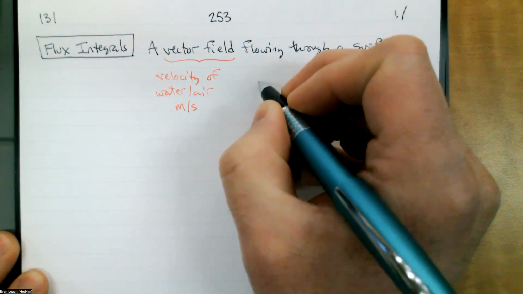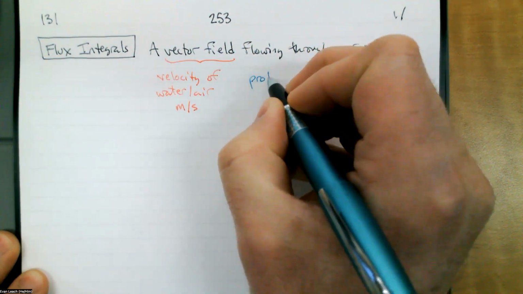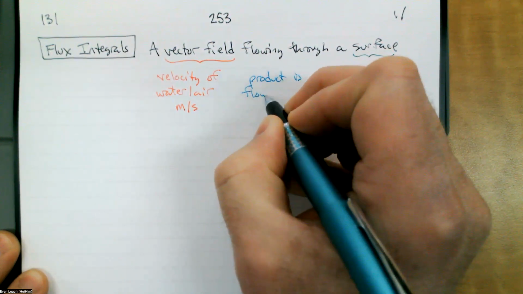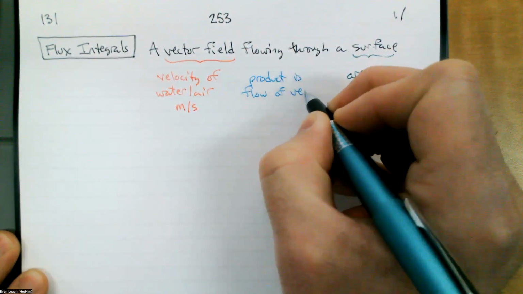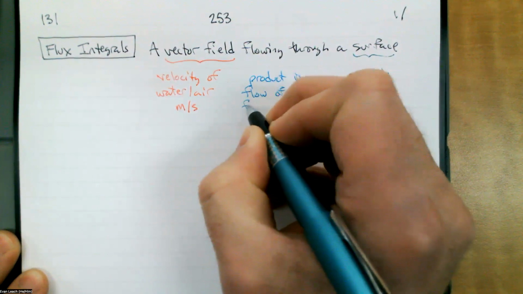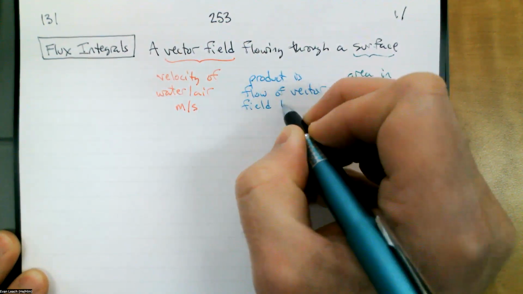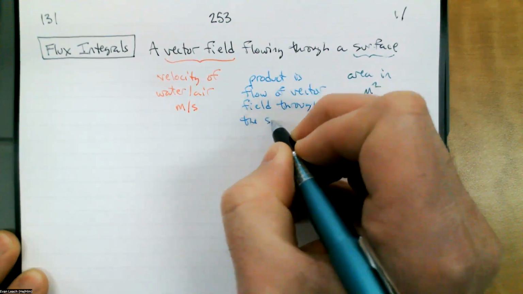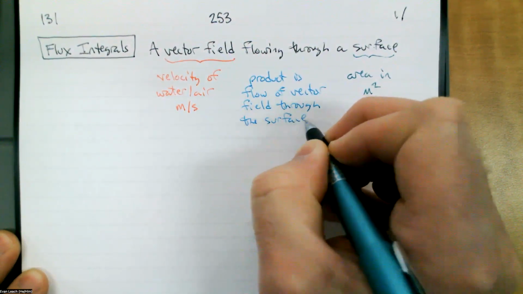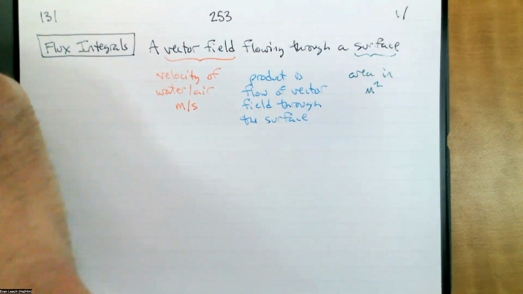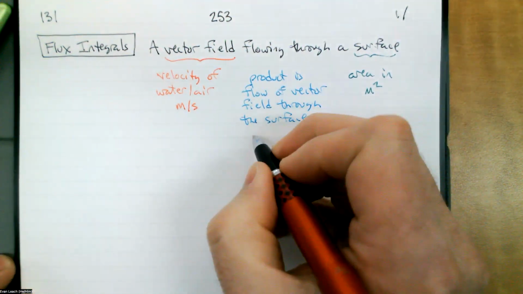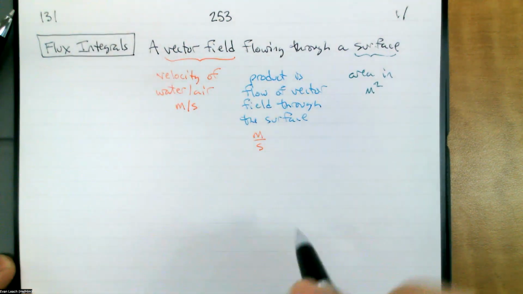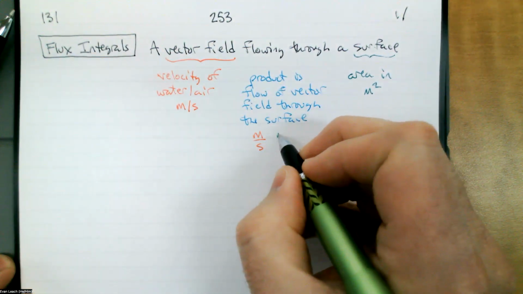We'll take meters per second and we'll multiply by square meters.